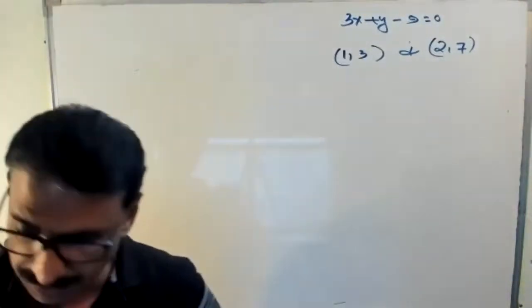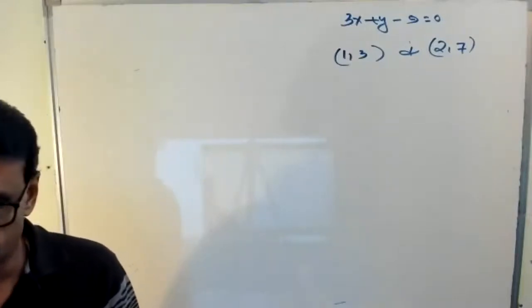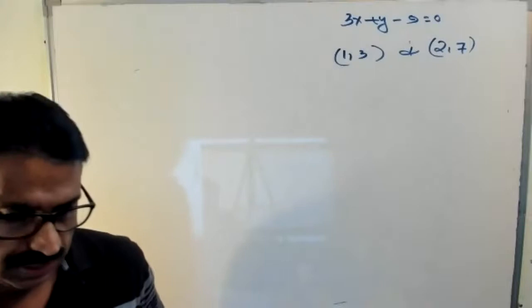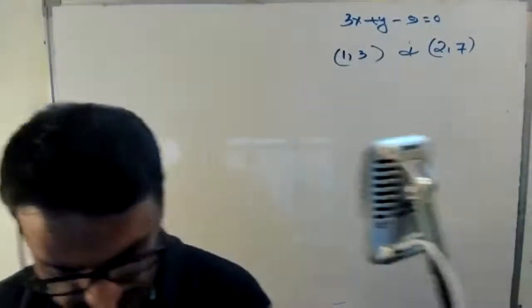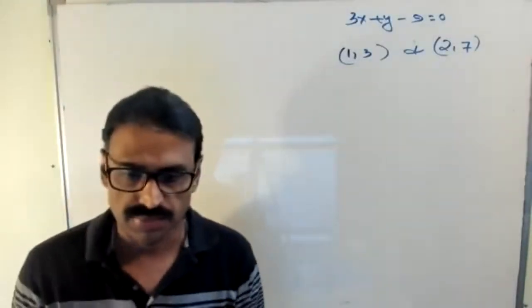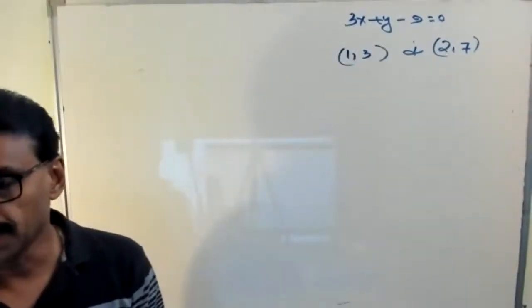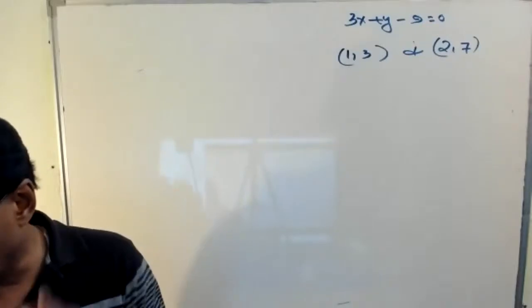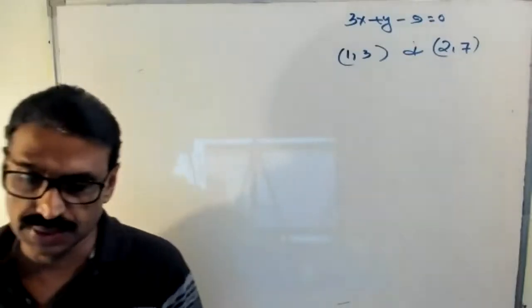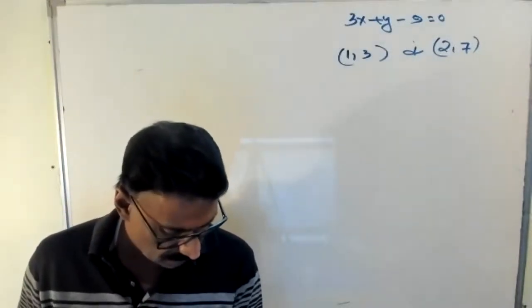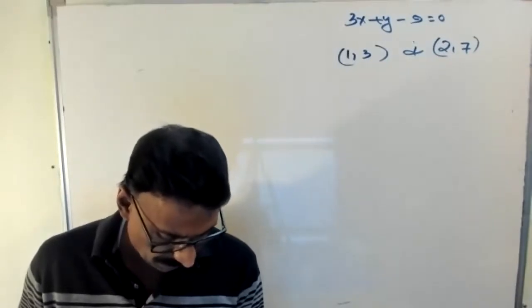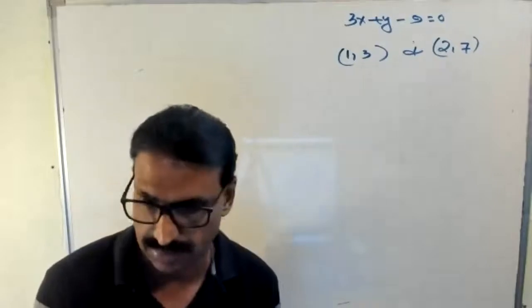Question again. Find the ratio in which the line 3x plus y minus 9 divides the line segment joining (1, 3) and (2, 7).